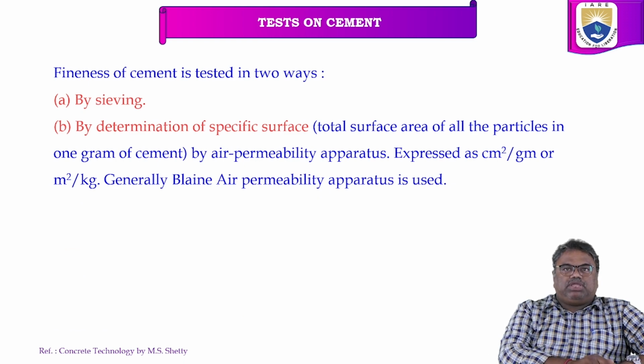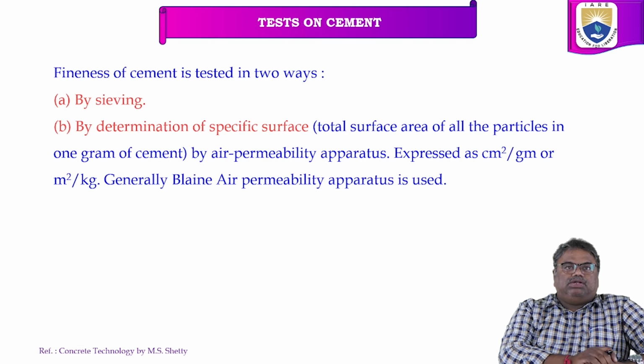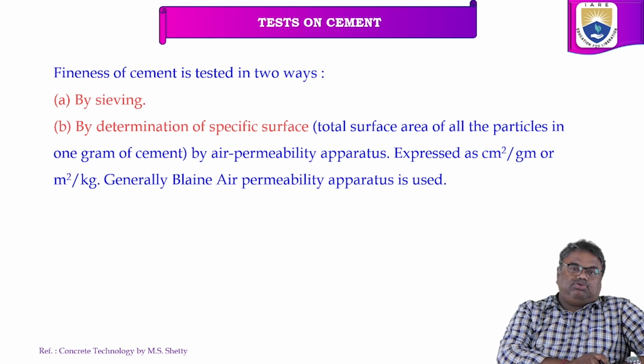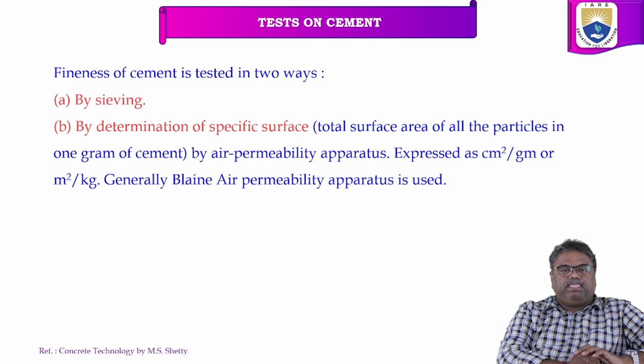The fineness of the cement we can find out in two ways. The first one is by sieving. The second one is the determination of specific surface, which is the total surface area of all the particles in 1 gram of cement, found using the air permeability apparatus, and it is expressed in cm square per gram of cement.